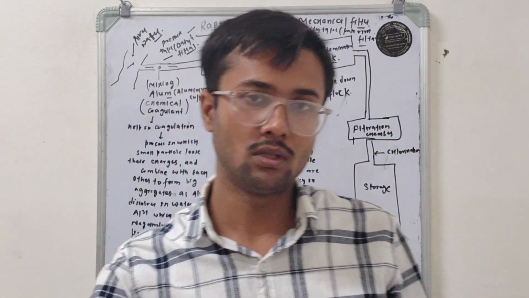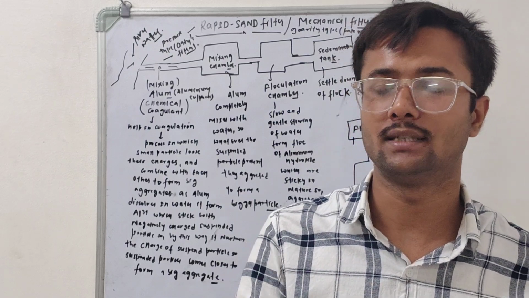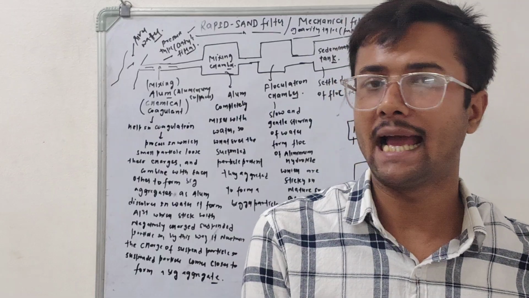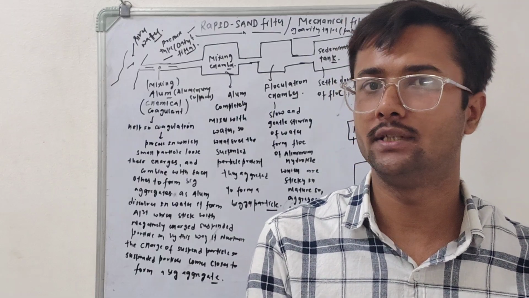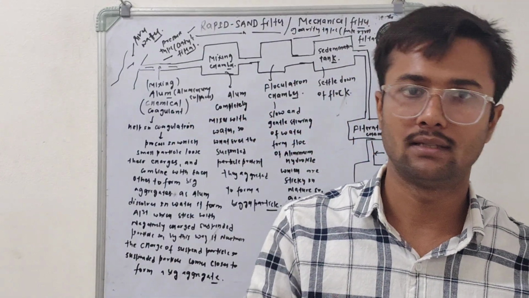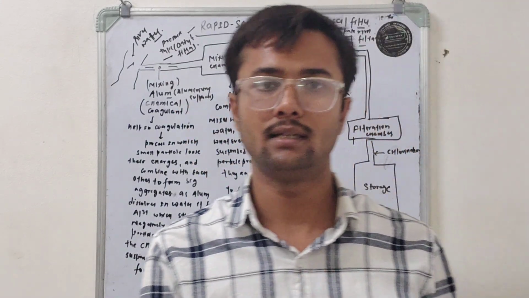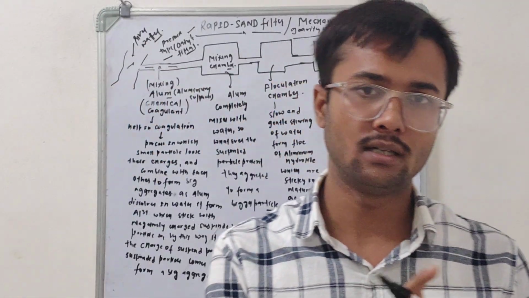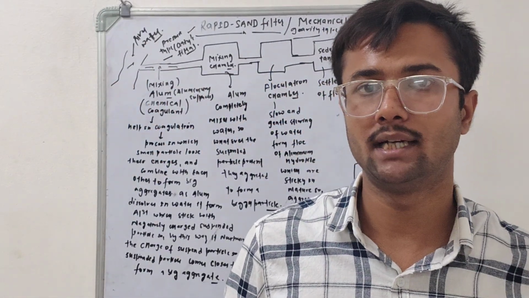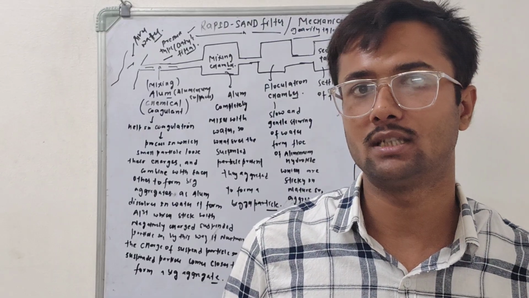Due to this repulsion, these small negatively charged suspended particles stay far away from each other. But as we add aluminum sulfate in water, it ionizes into Al3+, and these Al3+ ions get attached to the negatively charged suspended particles.